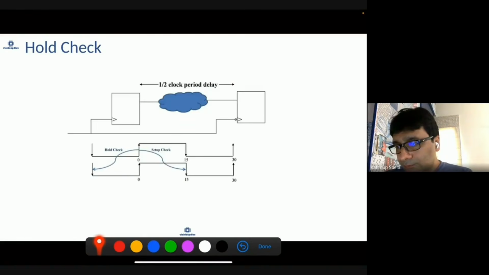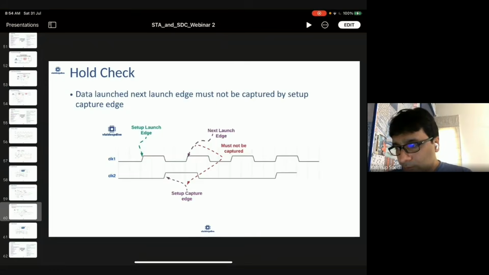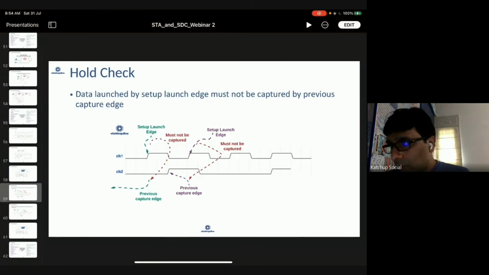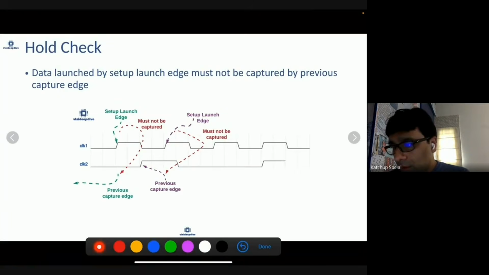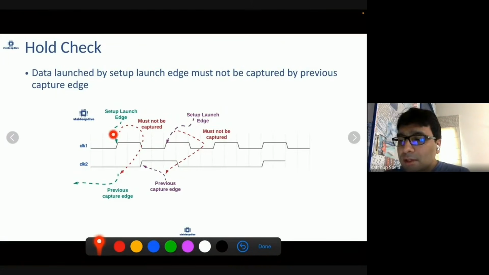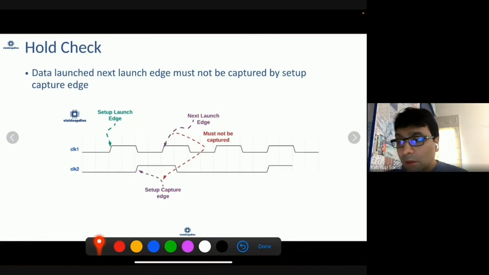So two rules. Data launched by the setup launch edge must not be captured by the previous capture edge. Data launched by the next launch edge must not be captured by the current capture edge.